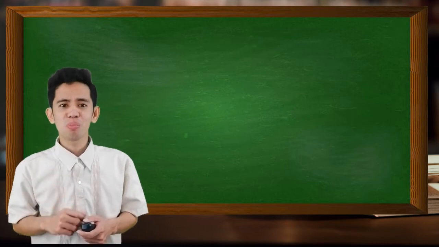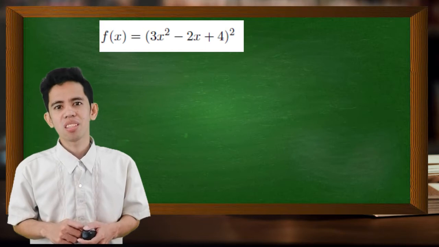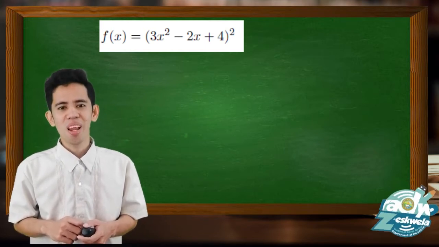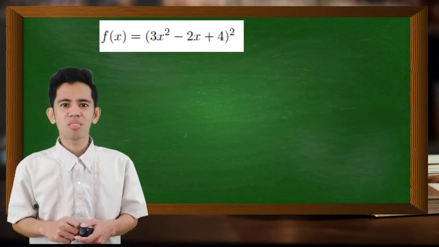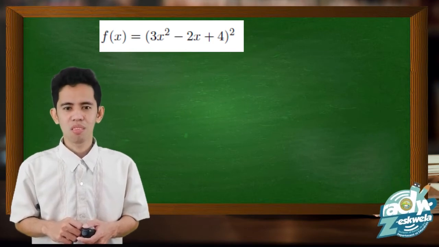In our first example, f of x is equal to the square root of 3x squared minus 2x plus 4. Find the derivative of f of x using the chain rule.